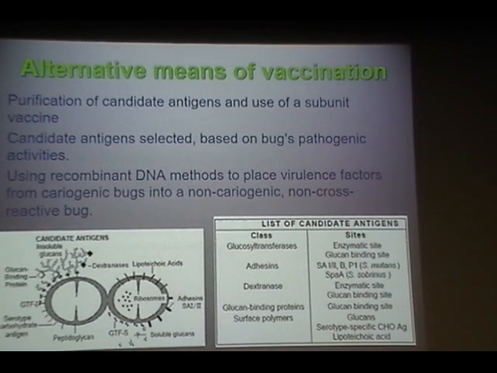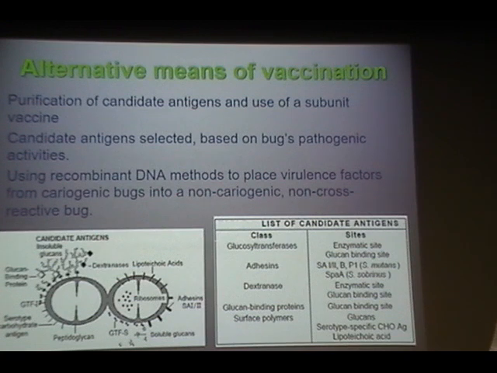Okay. This is not that important. I use this for other purposes. But we're going to talk about glucosyl transferases, the adhesins, the dextranase, the glucan binding protein, and maybe some surface polymers. So what happens initially?